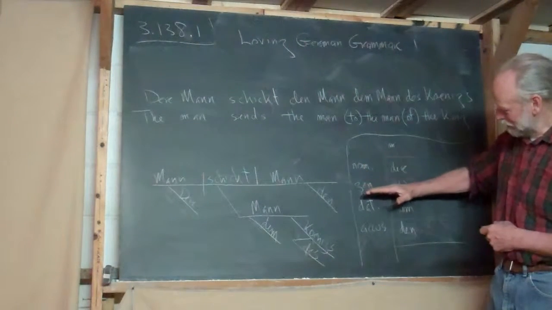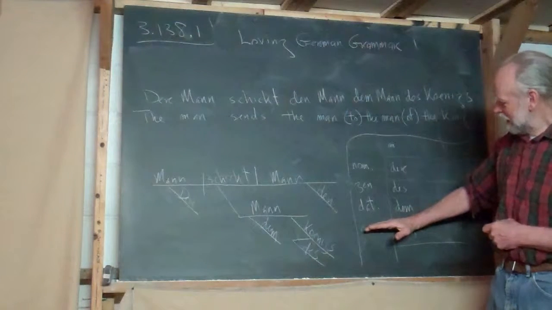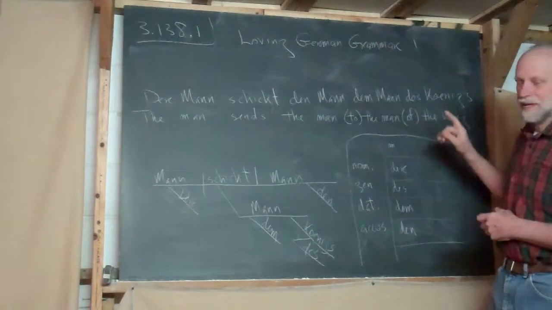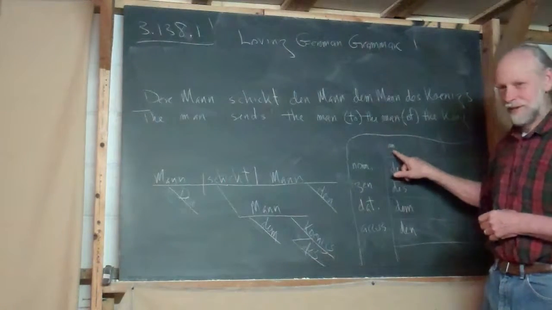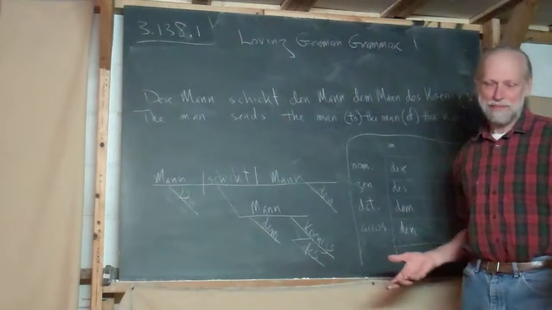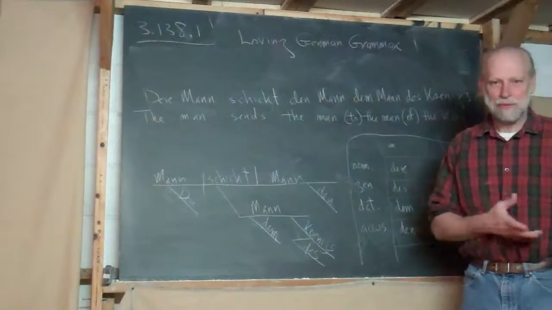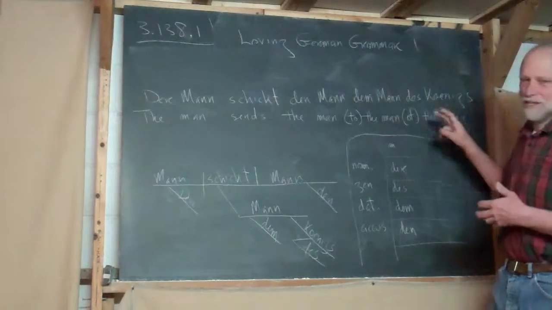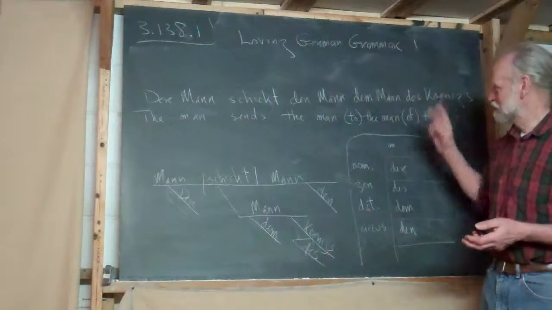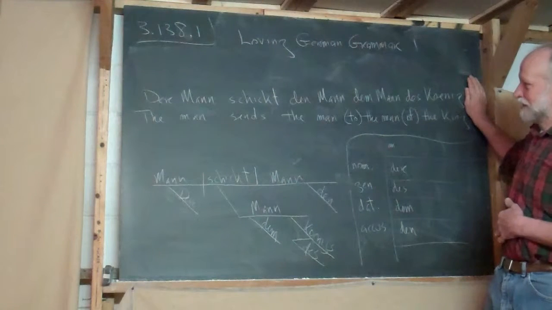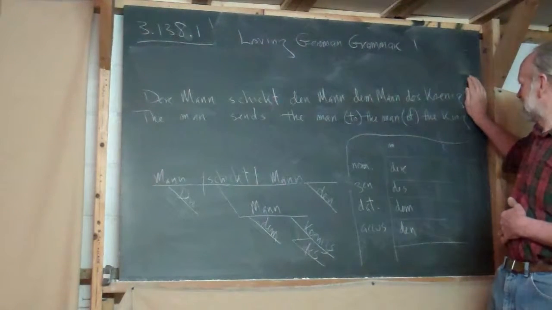There are 4 cases. Now, I've only used 2 nouns here. Both nouns are masculine nouns, and that's obvious. Man is going to be masculine. King, if it were feminine, we would say queen. King is going to be masculine.